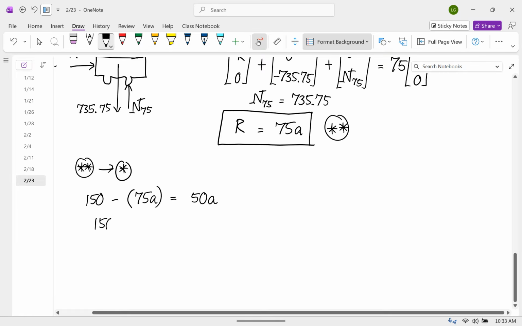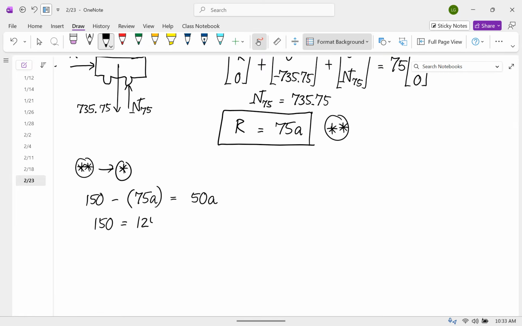So 150 is equal to 125A, and so A is equal to 6 over 5, so 1.2.